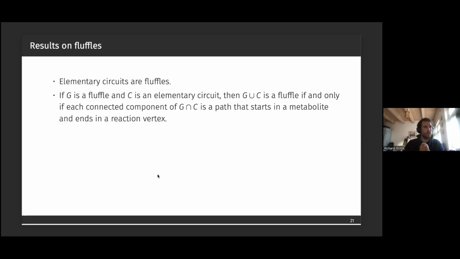And yes, this is possible. If I start with a fluffle and add an elementary circuit to that fluffle, then I get a fluffle back if and only if each of the connected components of the intersection is a path that starts in a metabolite and ends in a reaction vertex.